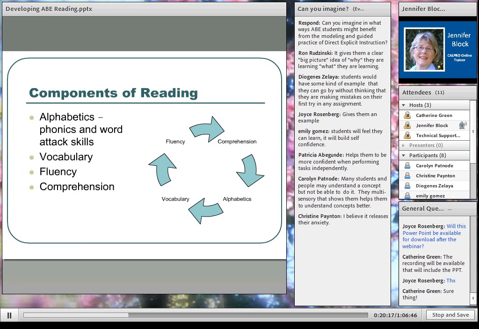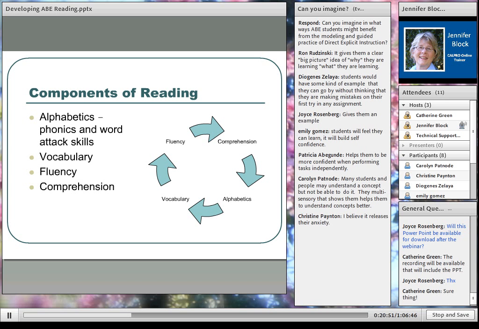Vocabulary is another area where most adult basic education students need work, and we're going to talk about a model for teaching vocabulary in a few minutes. But again, direct instruction in vocabulary is also very beneficial. Fluency is an area that has often been neglected in reading and certainly in direct instruction, and there are ways to incorporate that in our practice without taking huge amounts of time.